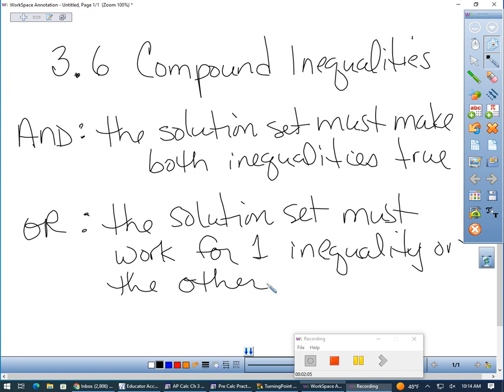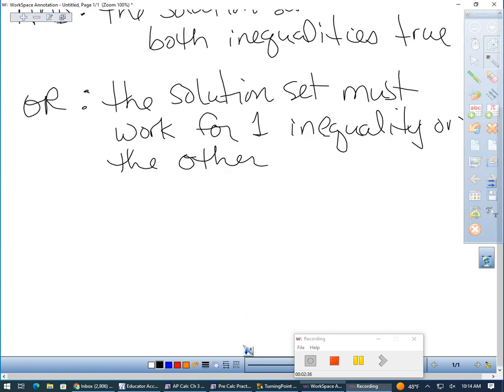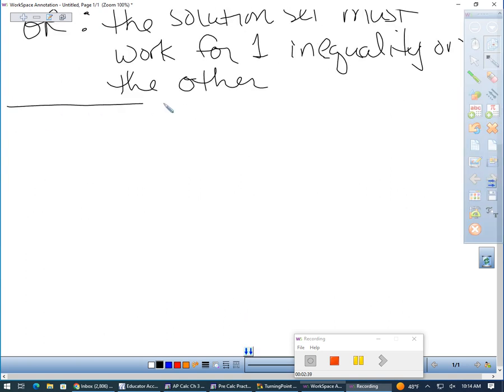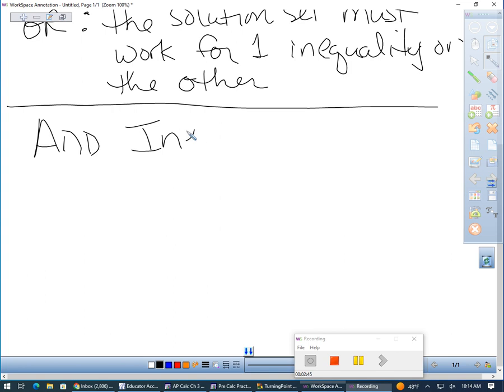Now I want to give you a general idea of what each one looks like. The one that's going to make the most sense to start with is and, so we're going to work with that one first. When we have an and inequality, it can be written two ways.